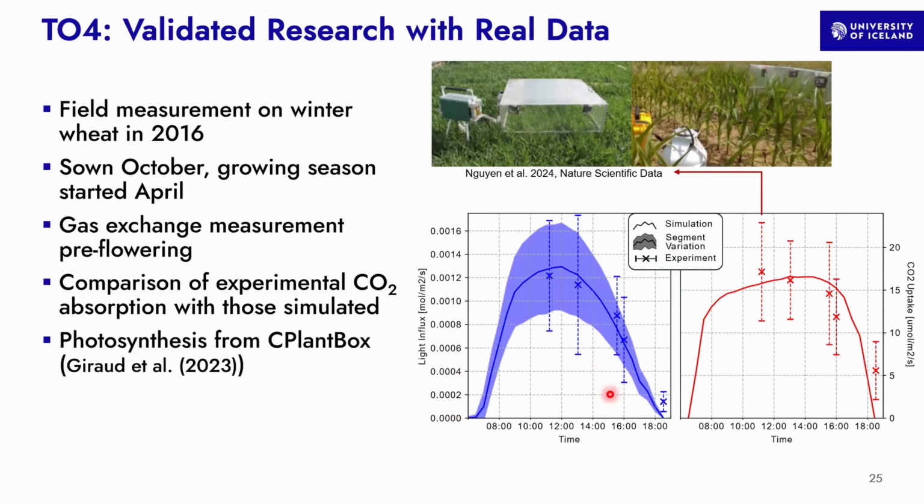You see that both the light influx agrees quite well, and subsequently also the CO2 uptake, but those are of course coupled quite closely. And of course, we don't capture all of the effects, but this is essentially a step towards being able to have a closer functional coupling.